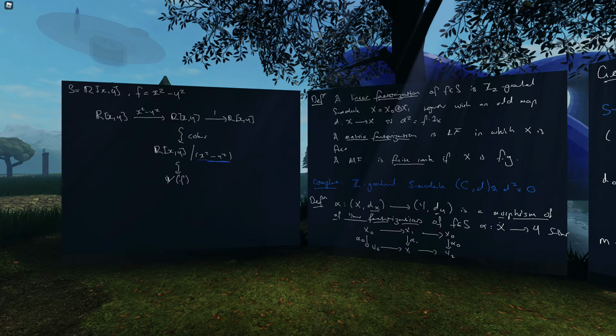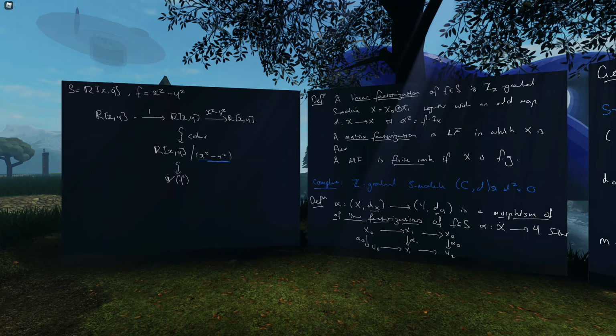Okay, so that's good. On the other hand, say we swap these around, right? So say we put 1 here, and we put x squared minus y squared here.